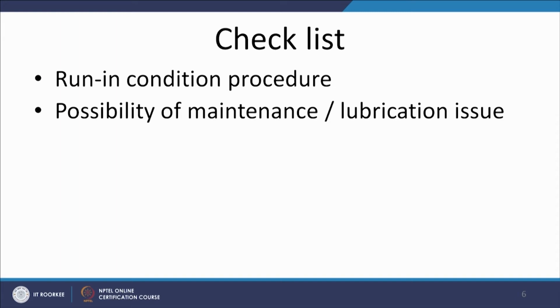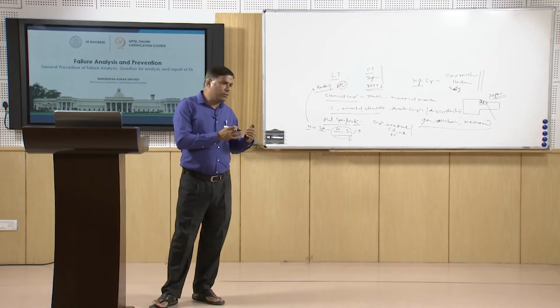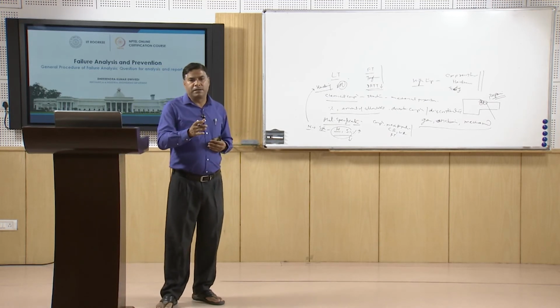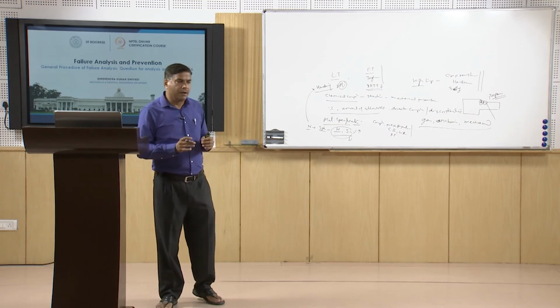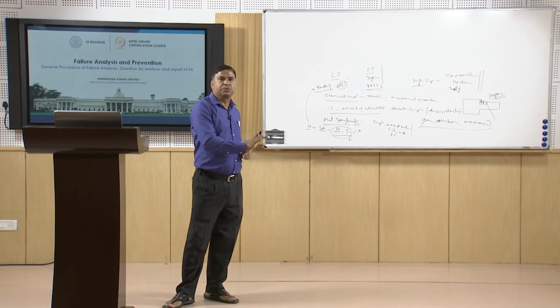Then the possibility of lubrication and maintenance issues is also to be explored. For this purpose we need to see when the maintenance was carried out, whether proper maintenance was carried out at regular intervals or not, and if there was any lubrication issue, whether the correct kind of lubricant was used or not.